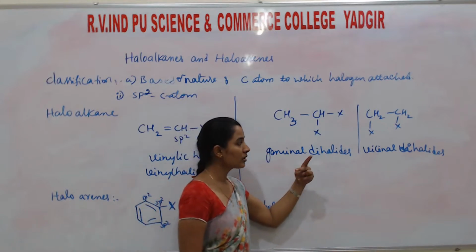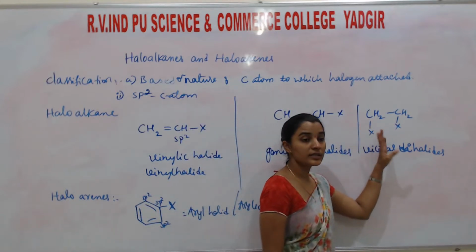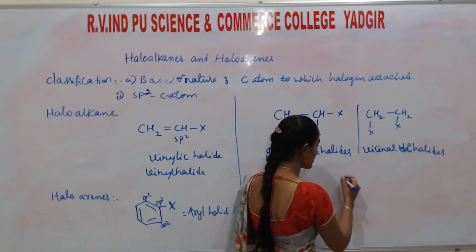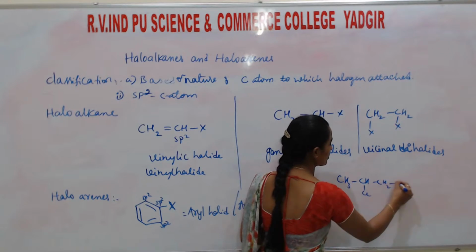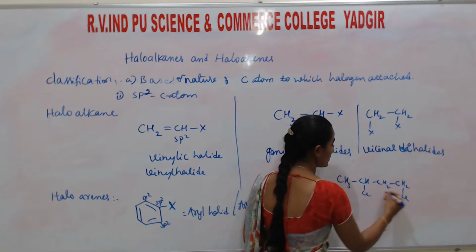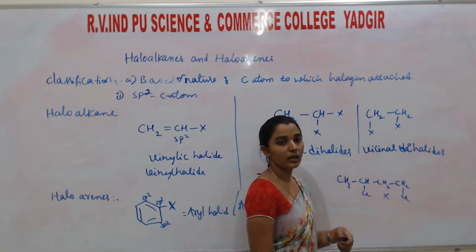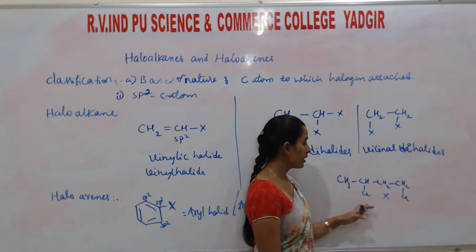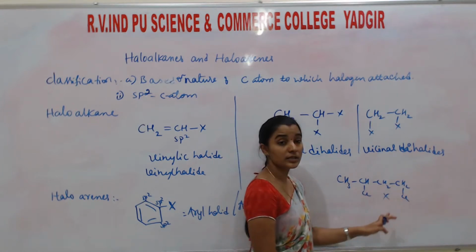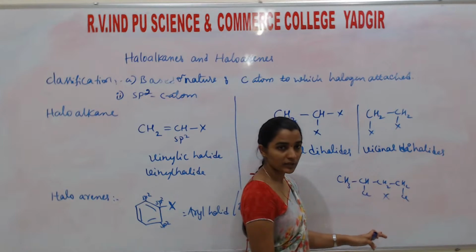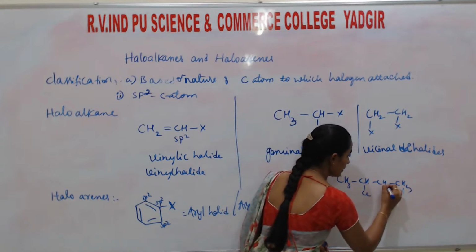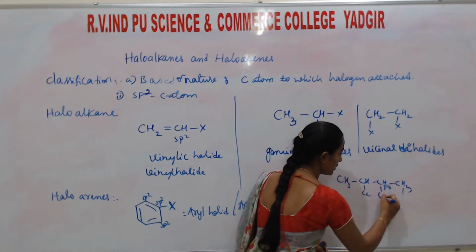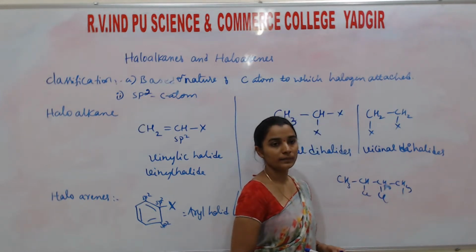The two halogen atoms must be attached to adjacent carbons, not like this: CH3, CHCl, CH2, CH2Cl. This is not vicinal, because here these two are not adjacent carbon atoms. If instead it is here, then this is vicinal.